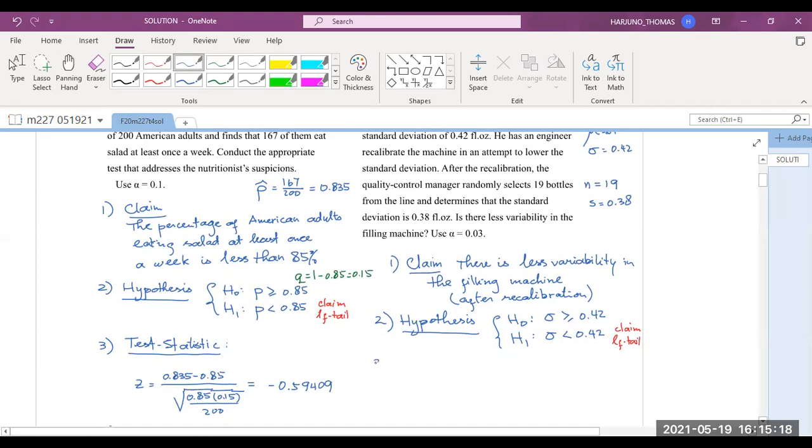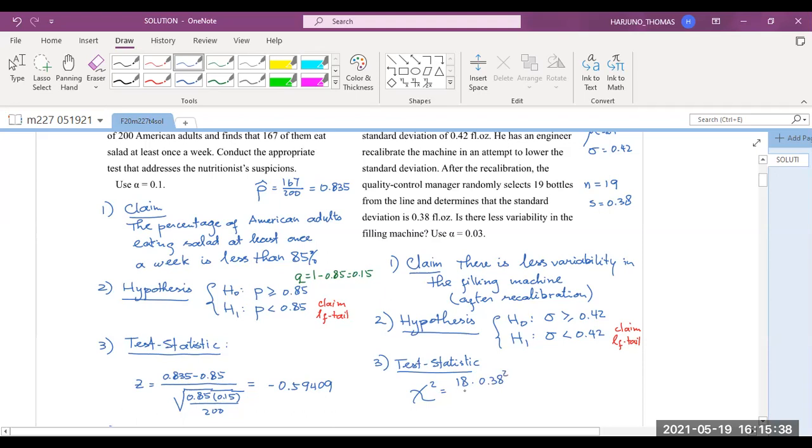Now step 3, test statistic. We are testing standard deviation. Okay, so chi-squared equals degrees of freedom times sample variance.